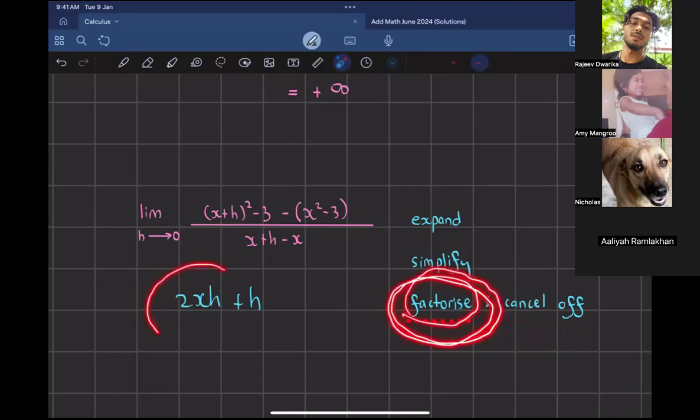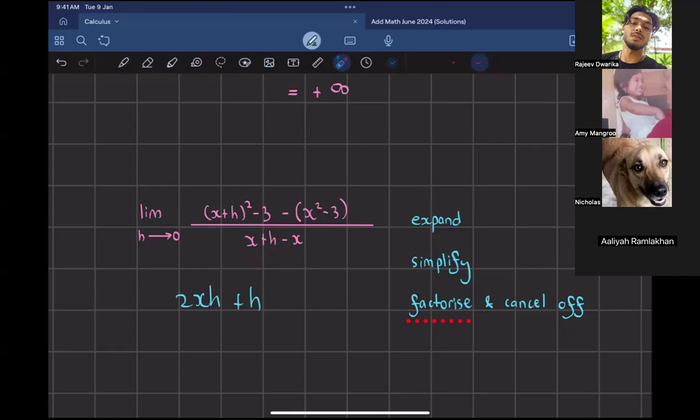Factorize. How many h could you factor out from these two terms? H. Yeah. And coincidentally, what does it have on the denominator? In the denominator it's supposed to have h.